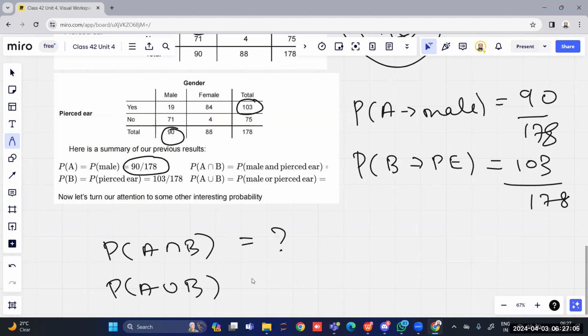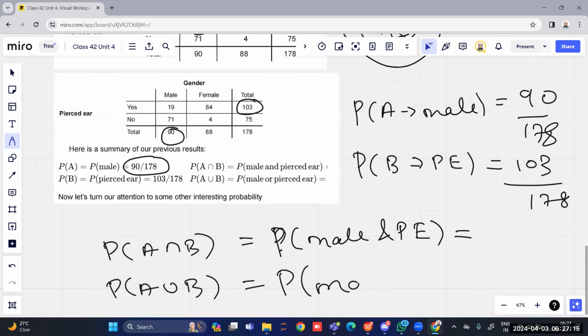So what do we want generally? Probability of male and pierced ear. Male and pierced ear, male or pierced ear. This 'and' and 'or' makes a very large difference.